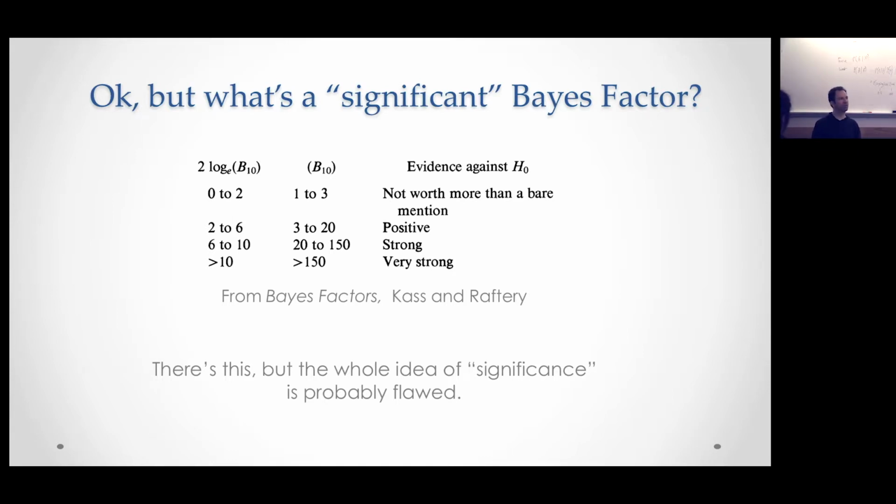So the way to interpret a Bayes factor of 20 is that a model which assumes the hypothesis is true is 20 times more likely to generate the data that we actually saw. That's why I'm tying this back to simulation.